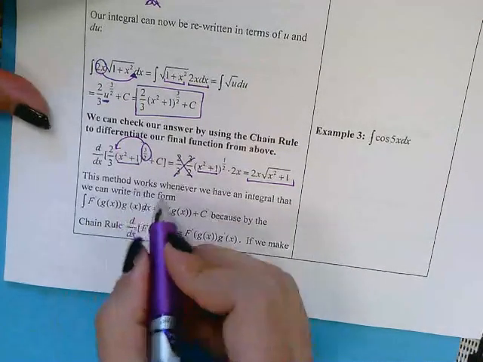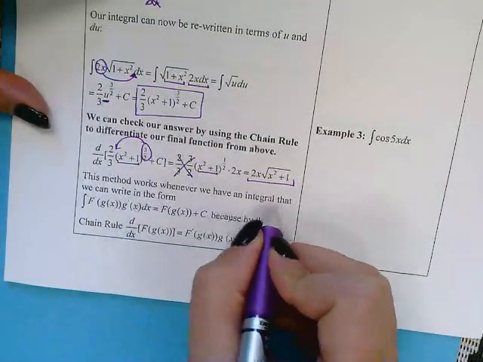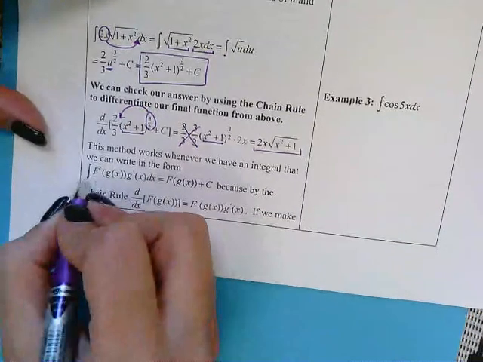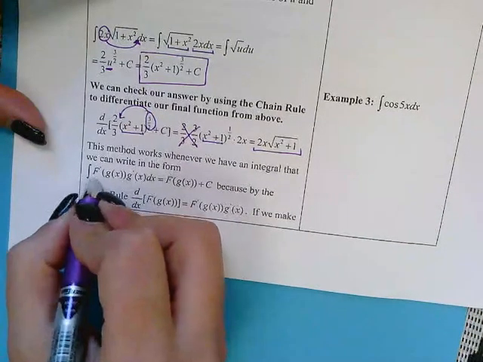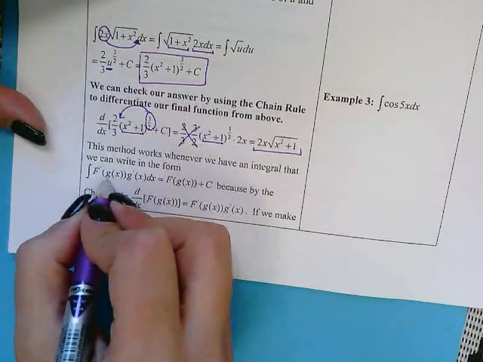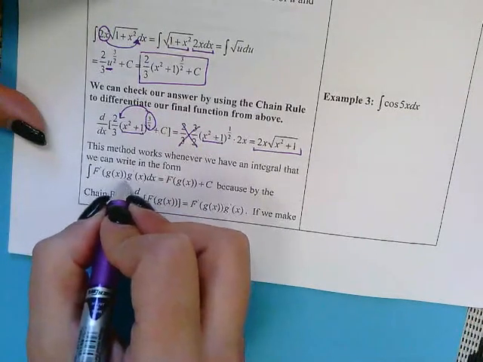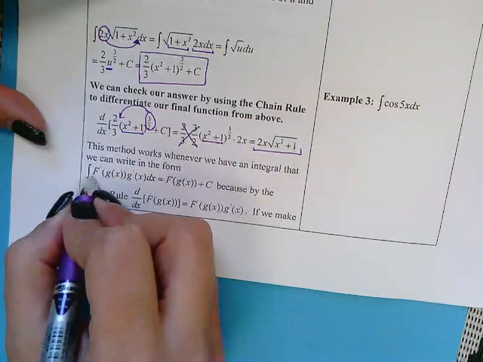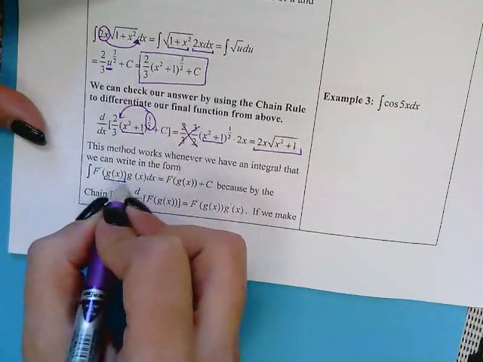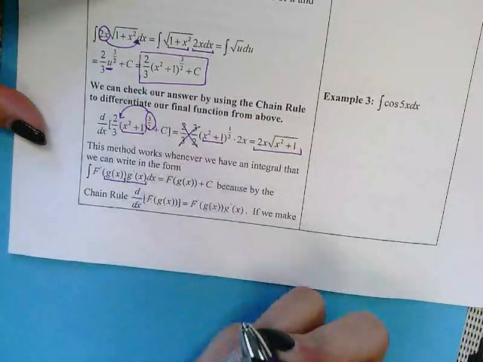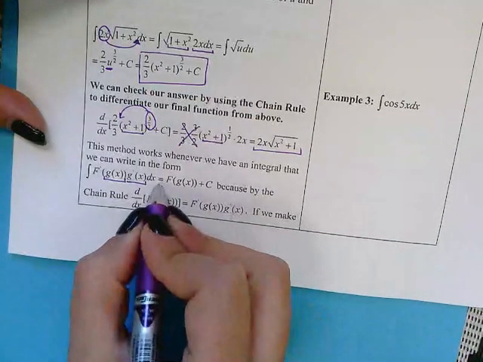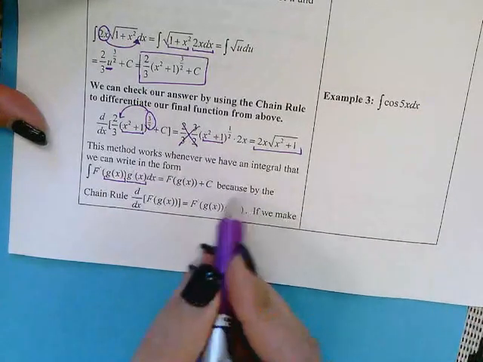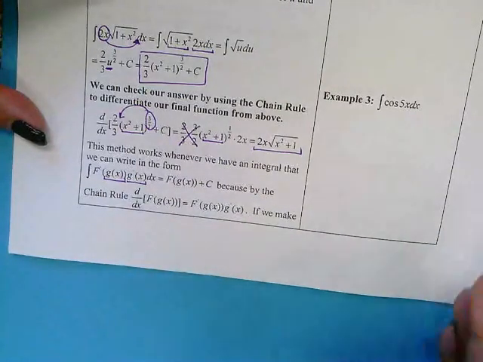So this method works only whenever we have an integral that we can write in this form: the integral of f of g of x times the derivative of g of x equals F of g of x plus c, because the chain rule works in the opposite way.